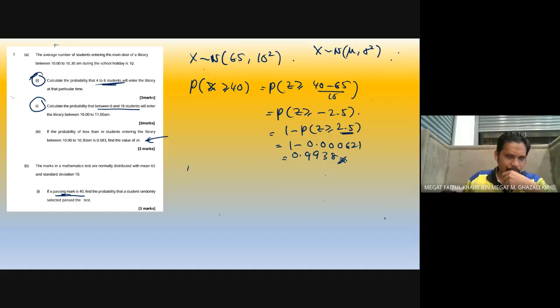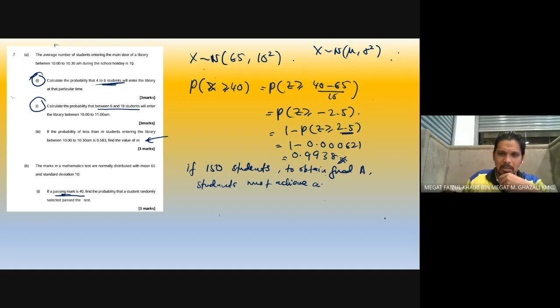Okay, if 150 students took the test, to obtain grade A the student must achieve at least 80 marks.